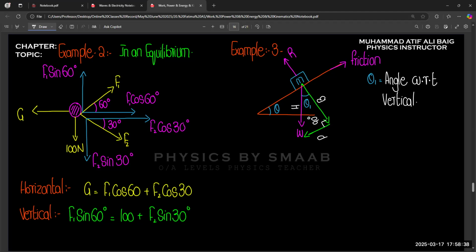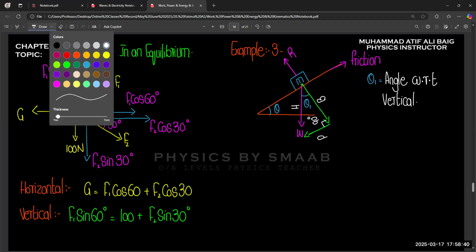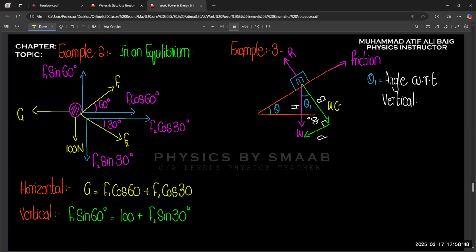So it means that we need to write cos theta with this component. So this will be W cos theta, and this perpendicular is W sin theta, right?